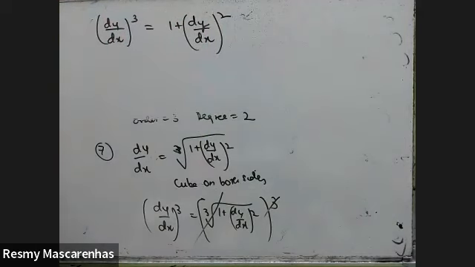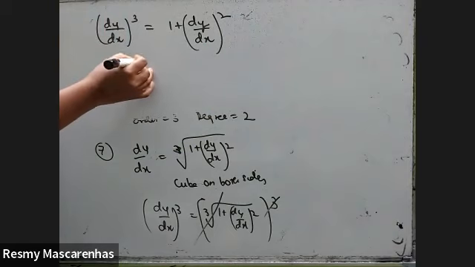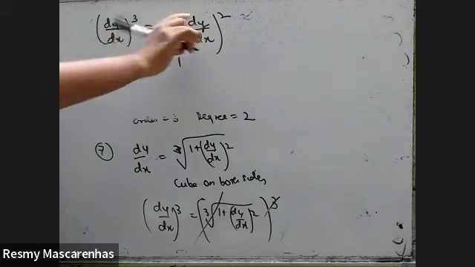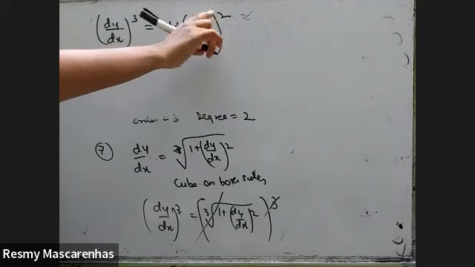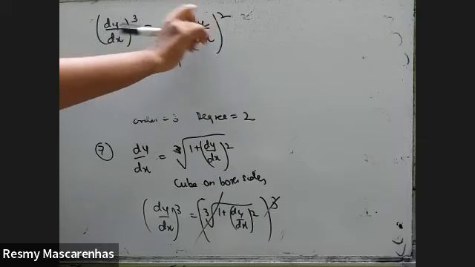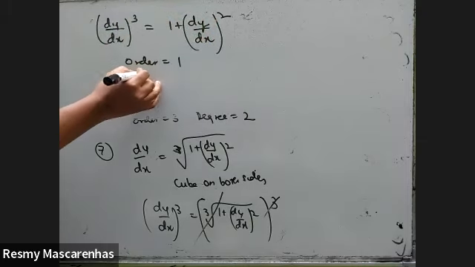Now over here both are dy by dx. So order is 1. Now both have the same thing. Now you can compare. This is also same order. Among this, which will be the highest power?